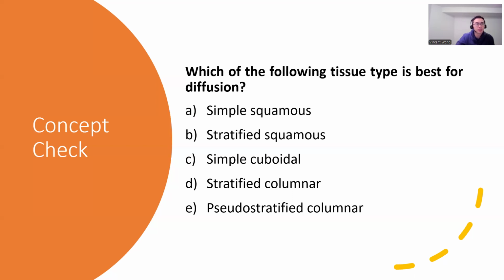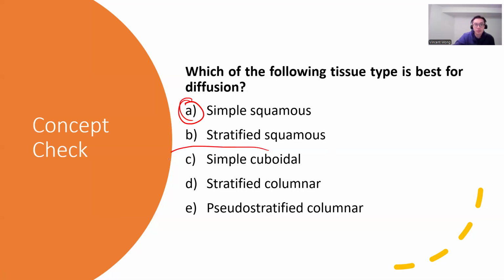Okay, simple squamous, right? So like I said, big ideas. That's what I want you to remember for this portion of the lecture, not the fine details. So that's good for diffusion.